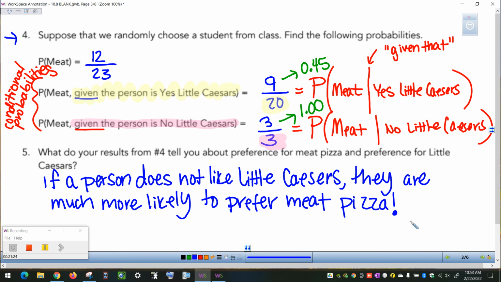An alternate way that we could have said that is, well, if a person does like Little Caesars, they are less likely to prefer meat pizza.